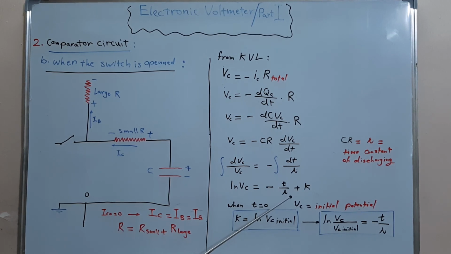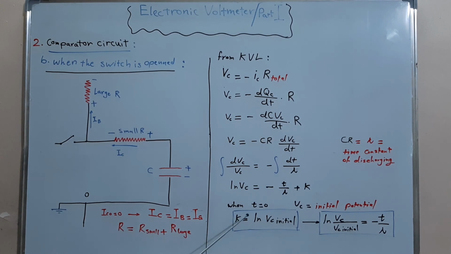Its value can be known from the initial condition. When the time is equal to 0, the potential difference between the capacitor plates is equal to the initial potential difference between them. So K is equal to ln Vc initial.